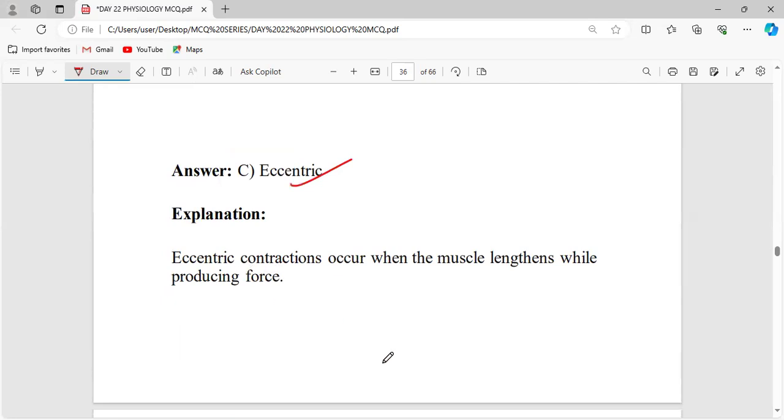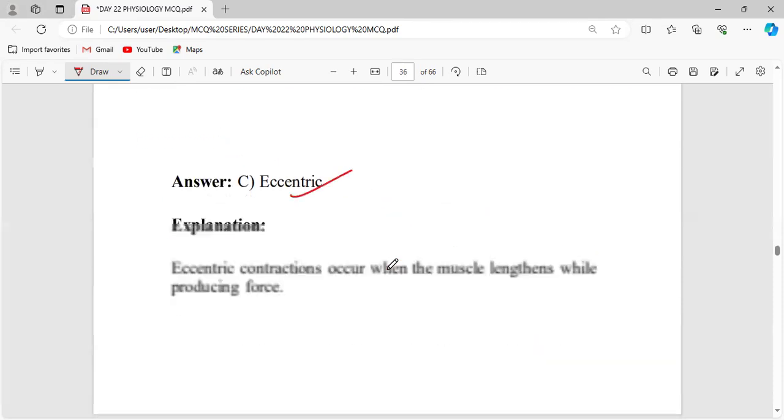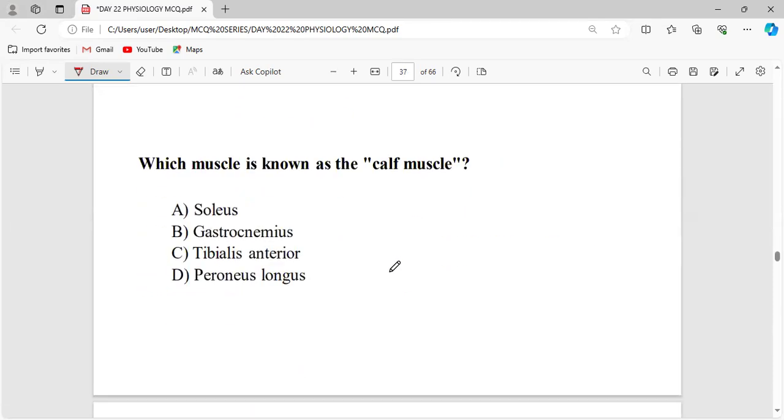Eccentric contraction occurs when the muscle lengthens while producing force. The name of the contraction will be the eccentric contraction. Just read about the other types of contraction, and if you find any difficulties, just ask me in tomorrow's class.